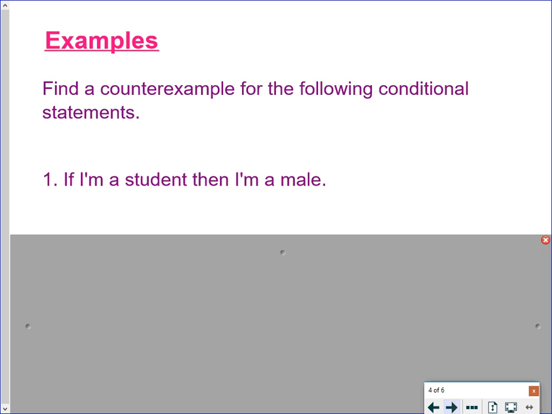Let's take a look lastly at counterexamples. So we're going to find a counterexample for the following conditional statements. First one, if I'm a student, then I'm a male. So a counterexample here: Sally, some made up character here, but she is a high school student. Sally is a student, but not a male.